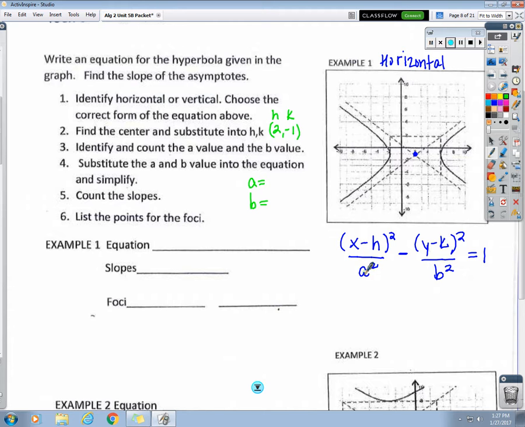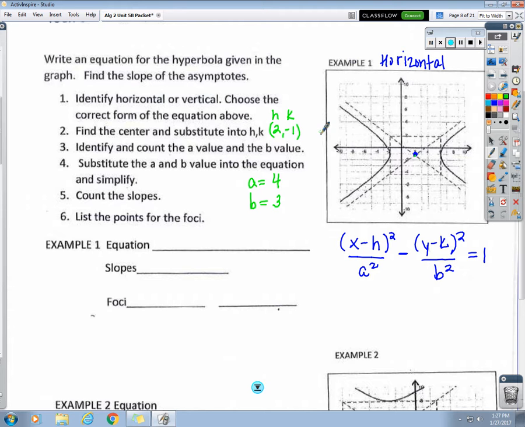So that means your a distance is horizontal. So from the center to where the hyperbola's vertex is how many units? 4. And then b is under the y. So this time b is a vertical distance from the center to the top of the box, or you could go from the center down to the box. It's the same. And how many units is that? 3. So that's your a and your b.